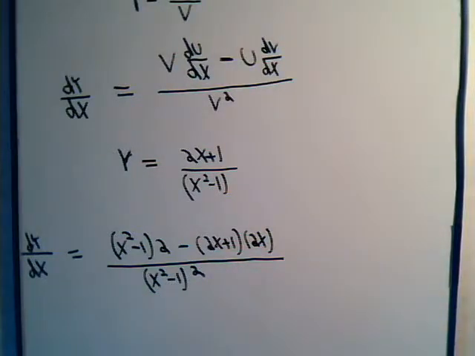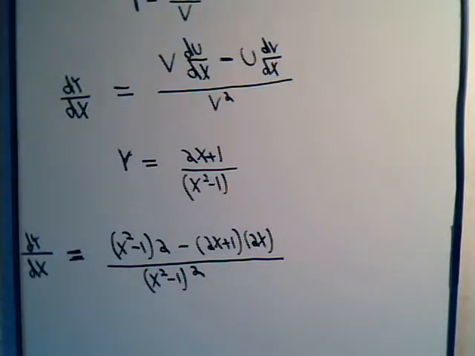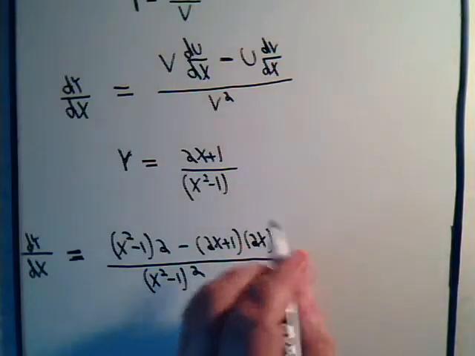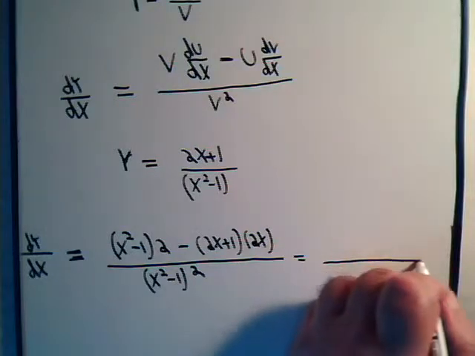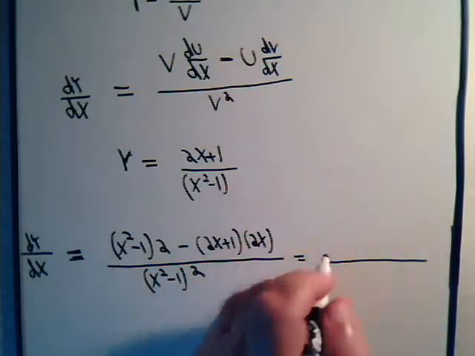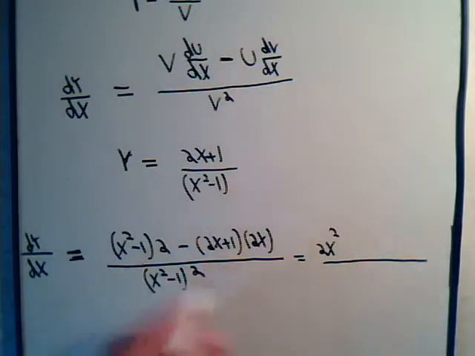Okay, we have just finished the calculus part of the problem. And we haven't made any mistakes. We're all set. Let's see, we can do maybe a little bit of algebra here. Here we have 2x squared minus 2.